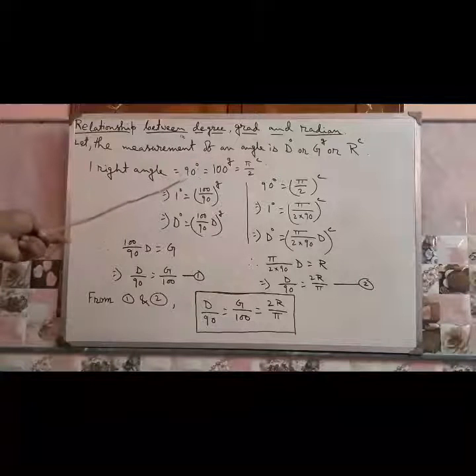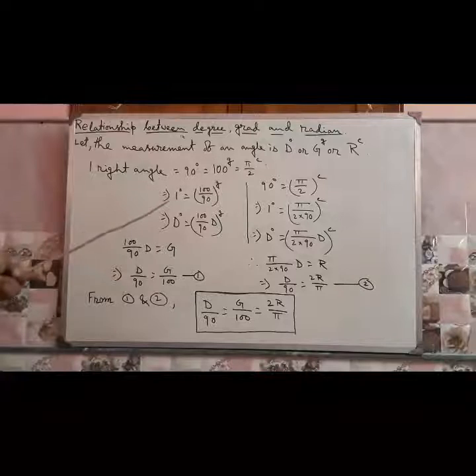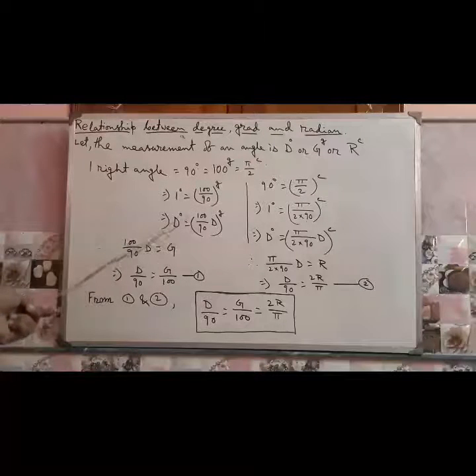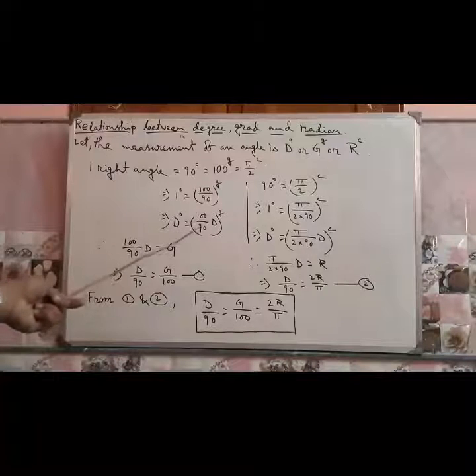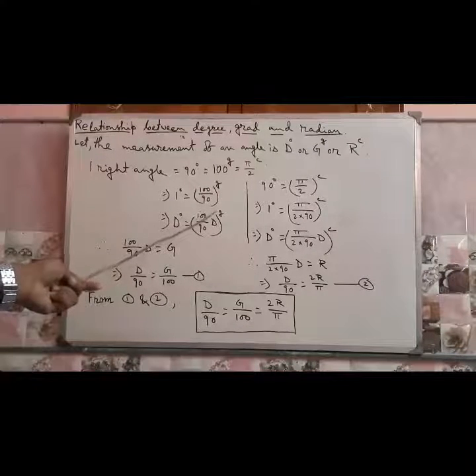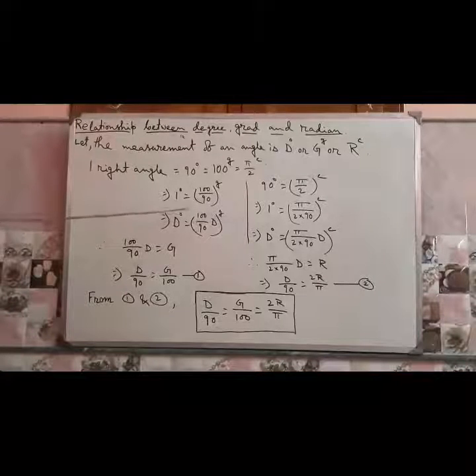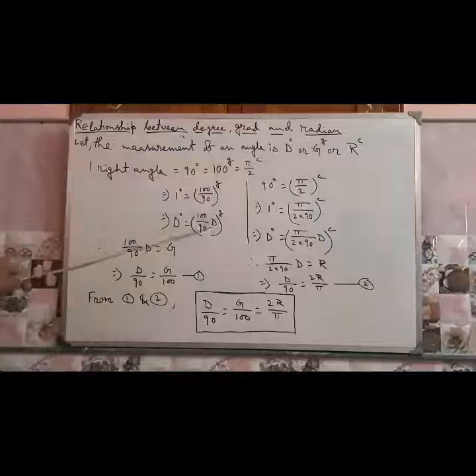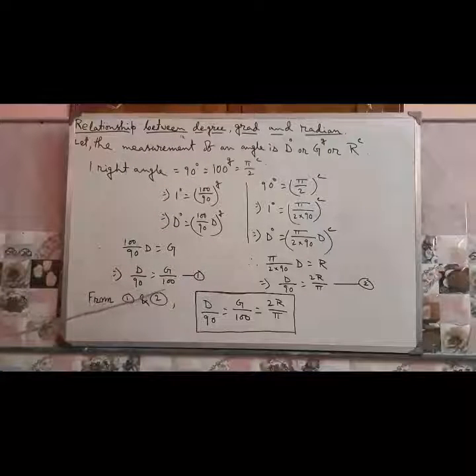So if 90 degree is equal to 100 grade, then 1 degree is equal to 100 by 90 grade, that is, d degree is equal to 100 by 90 into d grade. This grade is equal to g grade, as we already got. So this value is equal to g. From that we got d by 90 is equal to g by 100.